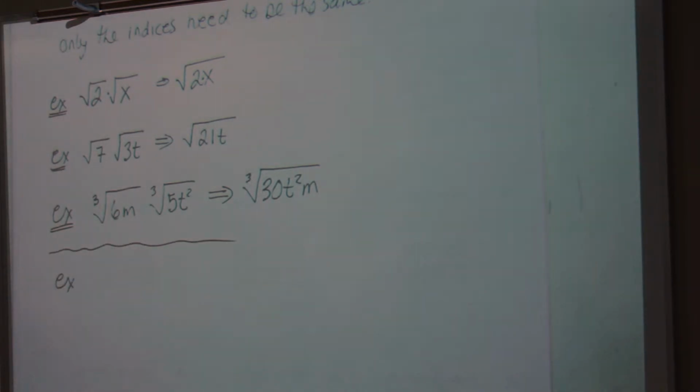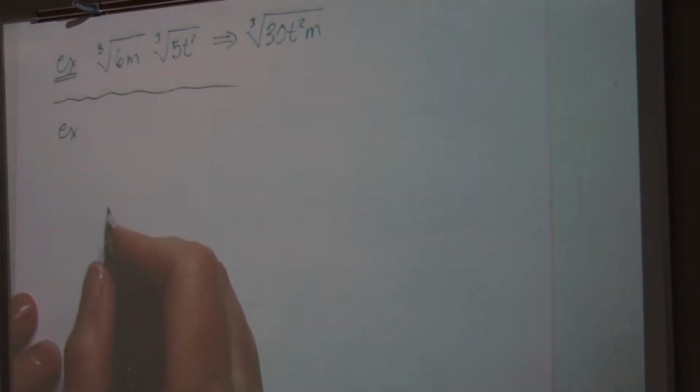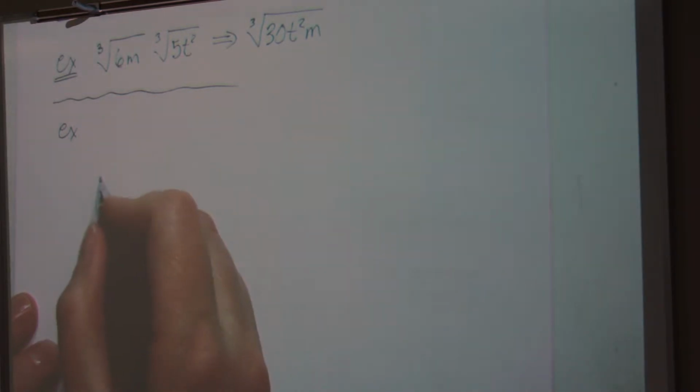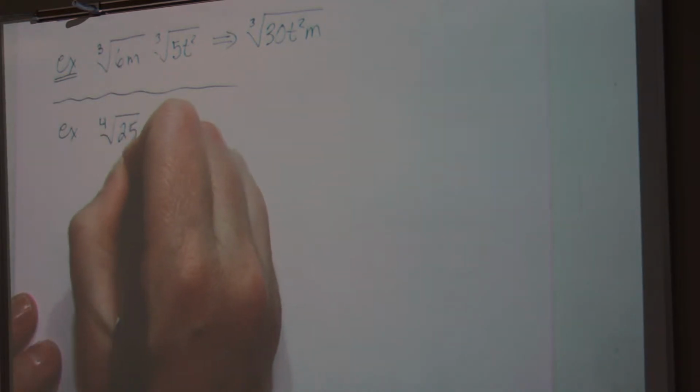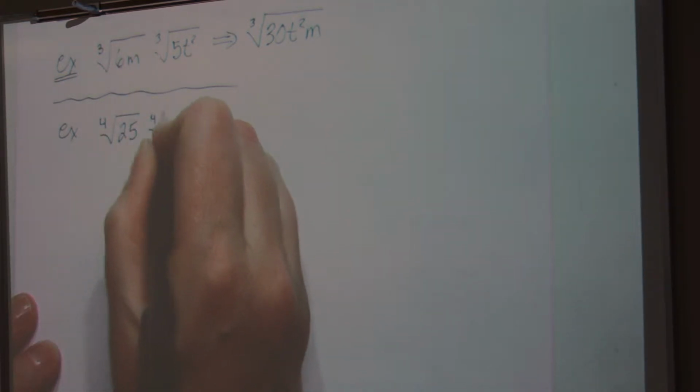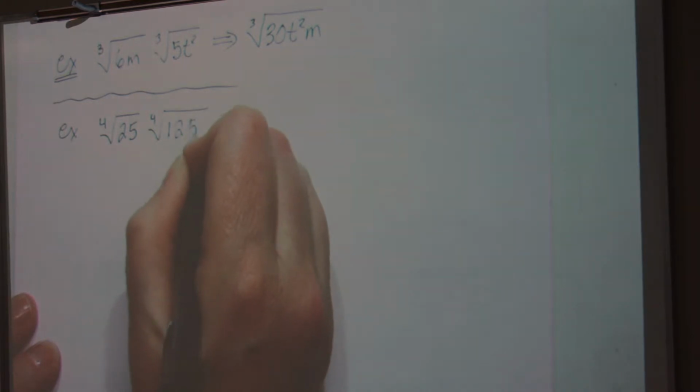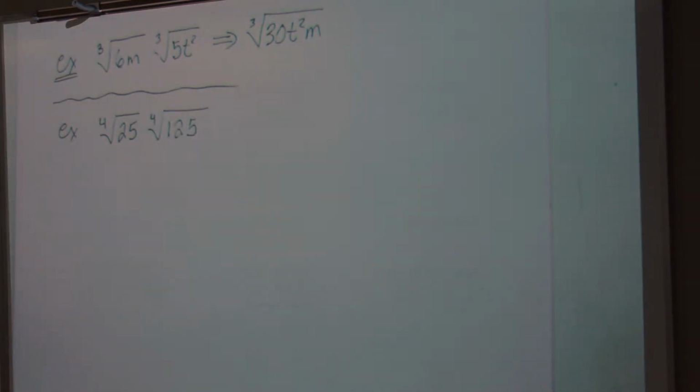Now, let's kick it up a little bit from here. Let's try the 4th root of 25 times the 4th root of 125. Now, before you spaz, do they have the same index?